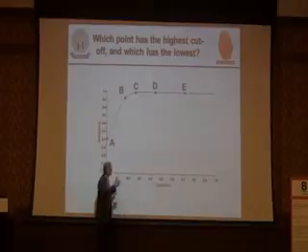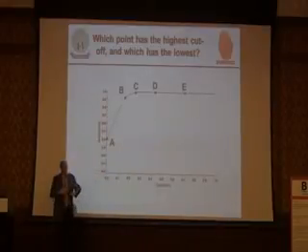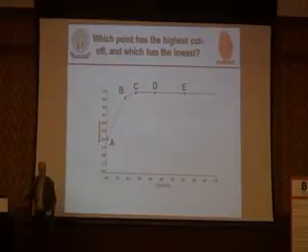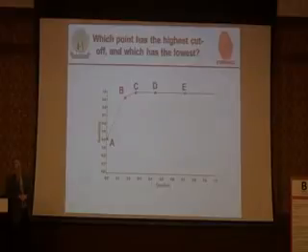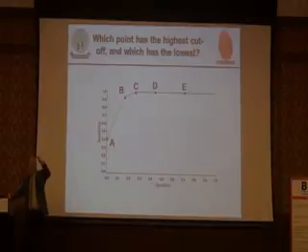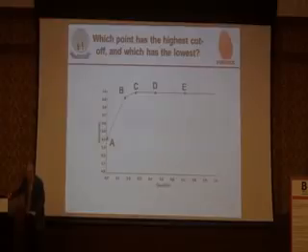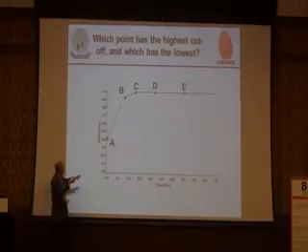Now, you tell me, is E the highest cutoff or the lowest cutoff? Okay, the higher the cutoff, the higher the specificity. The lower the cutoff, the higher the sensitivity. So sensitivity is going up, up, up, up, up, up, and then it stops. Okay?